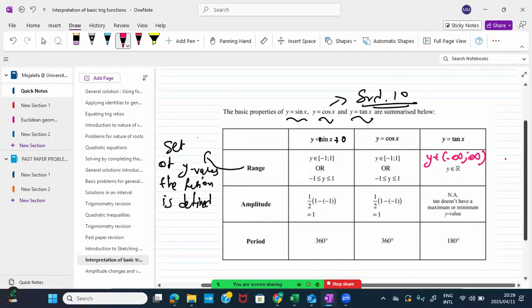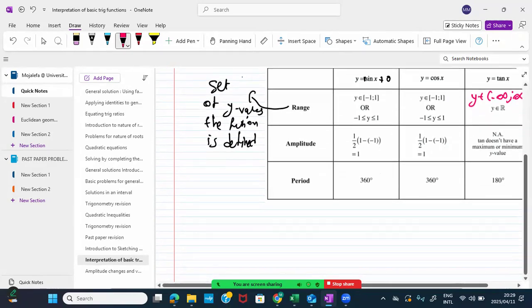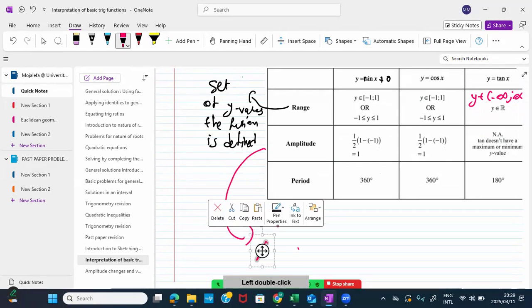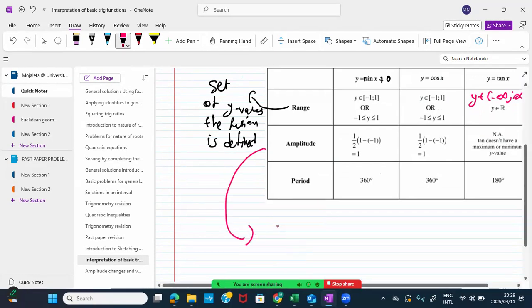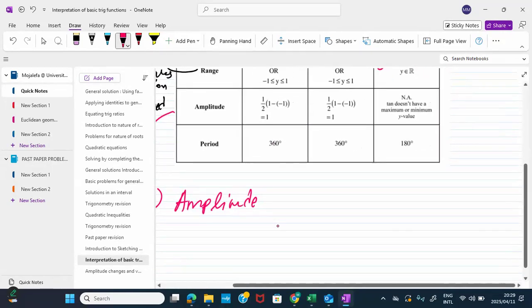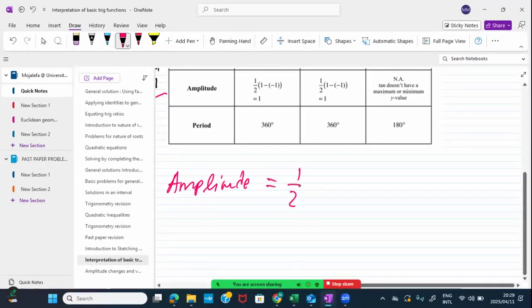Then now we go to amplitude. Amplitude by formula is just half of the maximum of a function minus its minimum.